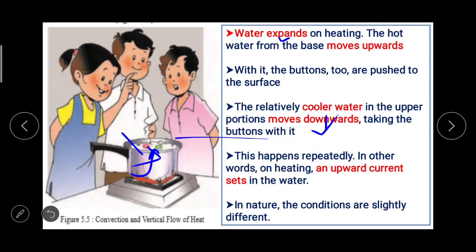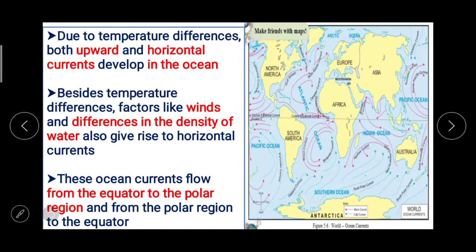In other words, on heating an upward current sets in the water, and in nature the conditions are slightly different than this. So we are going to talk about the conditions in nature now, and how they differ from the situation in figure 5.5.